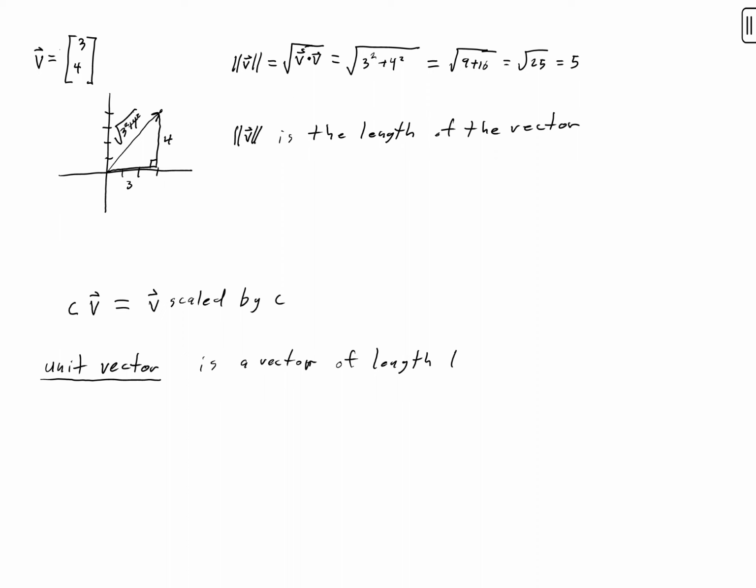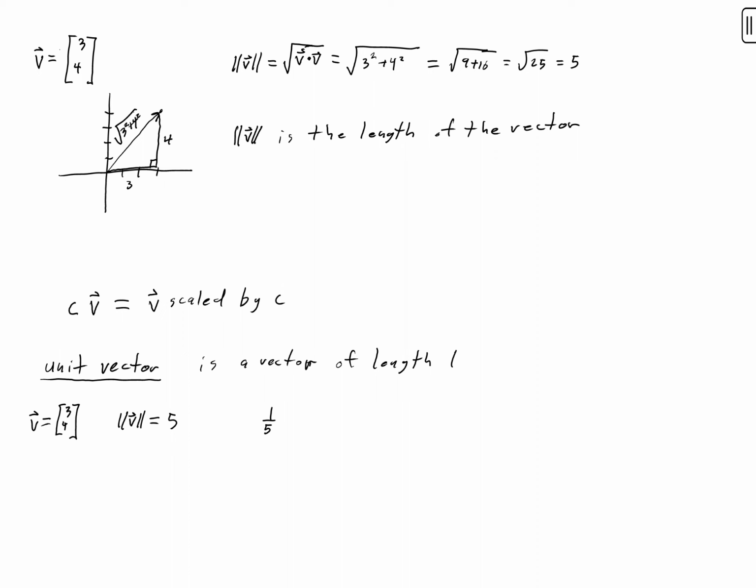So if I have some vector, like my vector v equal to (3, 4), we just calculated that it has a length, or norm, of 5. So I could turn this into a unit vector by scaling it by the constant 1/5.